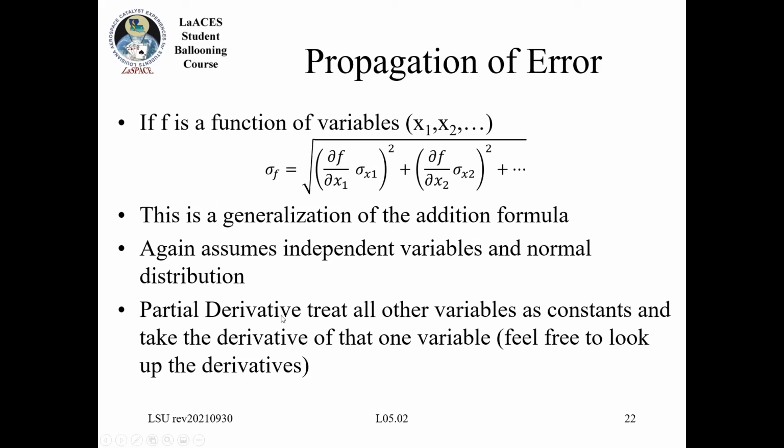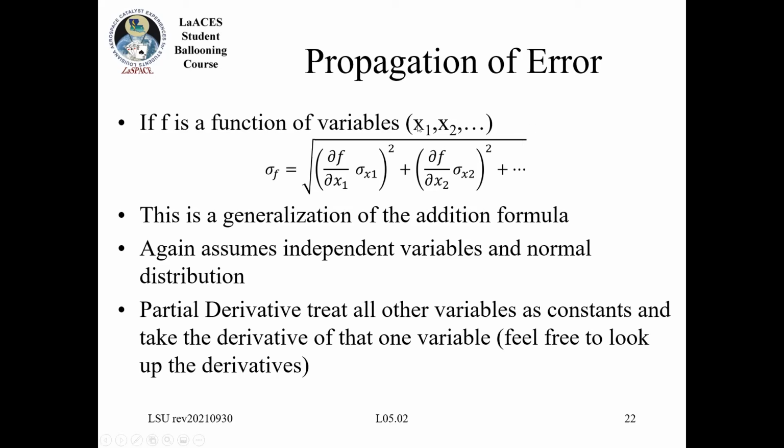So one thing that is useful is you can generalize that addition of error. This is called propagation of error. It is used if you are calculating some final value, which we're just calling F here, based on a bunch of other variables.